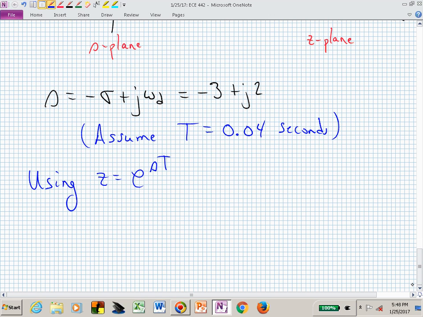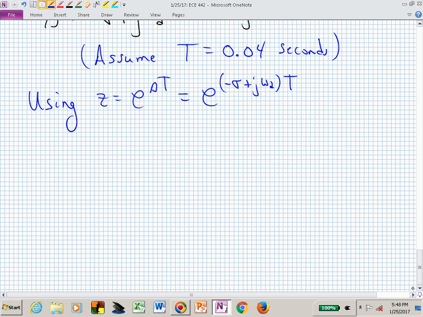Let's now look at what that looks like in the z-plane. We now know what S is. We have a particular way of parameterizing S. We said S is minus sigma plus j omega sub d, times T. And we simply have to remember our algebra relative to exponents.